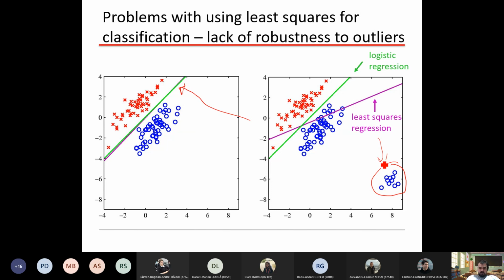Only the appearance of these outliers confused the regressor and made it do some errors. So one problem is lack of robustness to outliers.